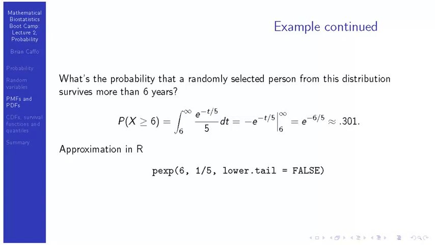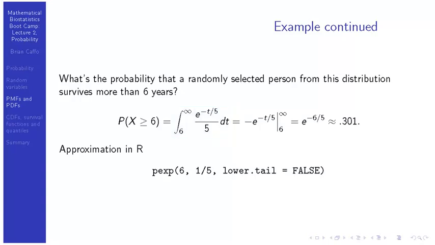If x is the conceptual value that a random person takes, we want to know the probability that x is greater than or equal to 6, as represented by this probability statement. Remember the golden rule for probability density functions, that areas under the curve correspond to probabilities. So if we want the probability x is greater than 6, we want the integral from 6 to infinity of the probability density function.